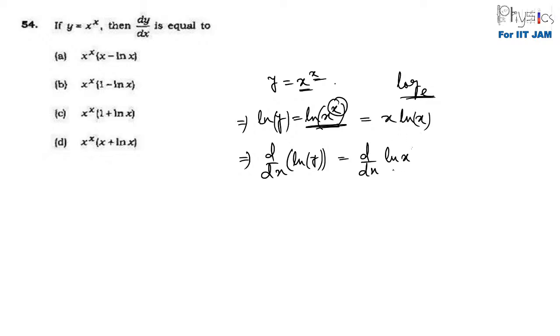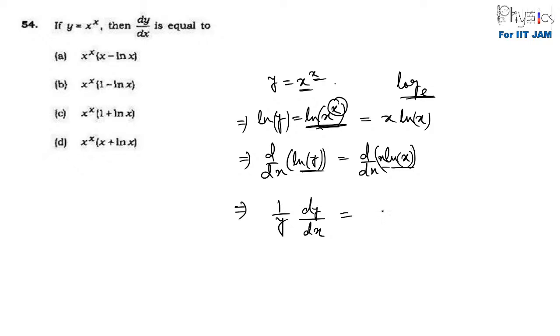So we get d/dx of x ln x. This d/dx of ln y becomes 1 by y times dy dx, equal to d/dx of x times ln x.